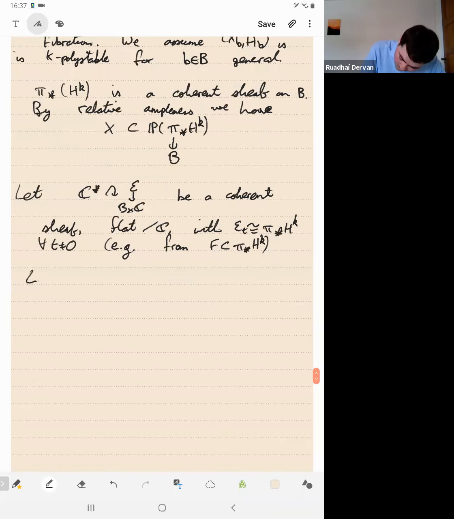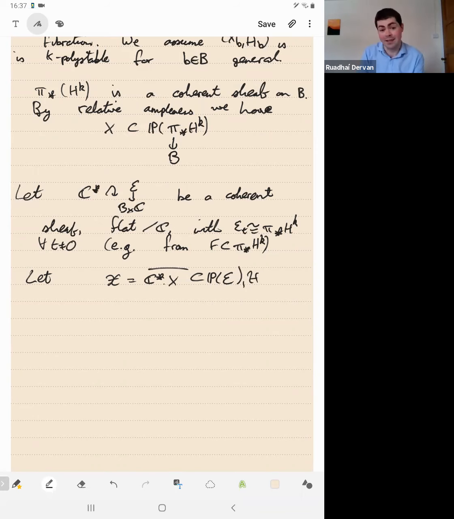Now, with X embedded in the projectivization of the general fiber, we can define curly X to be the closure of the C* orbit of X sitting inside the projectivization of ℰ.